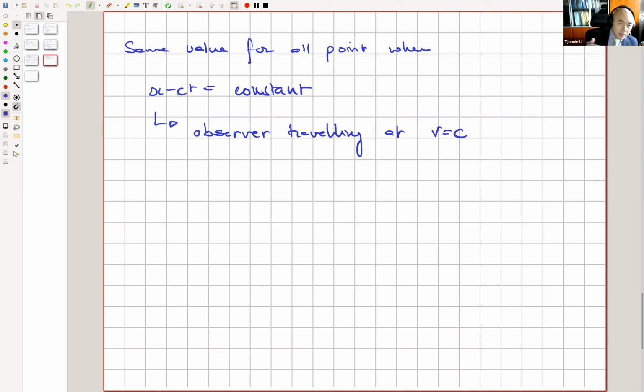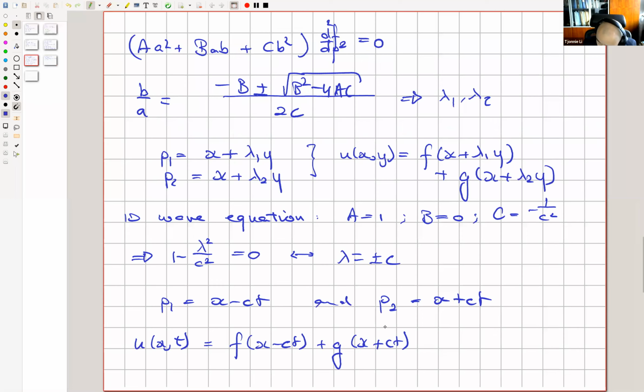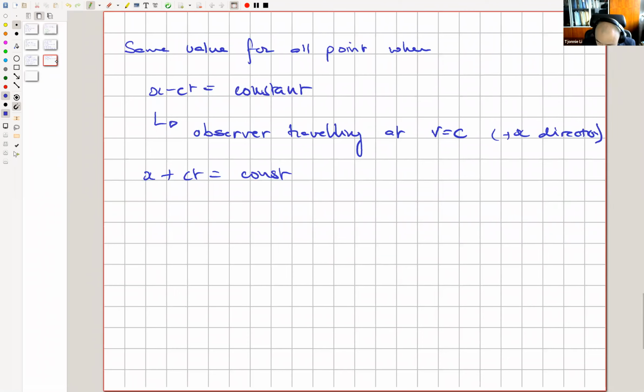Now in this case, this is the wave that travels at c in the positive x direction, and similarly x plus ct constant, which corresponds to g of x plus ct, states that here we have an observer traveling in the negative x direction.